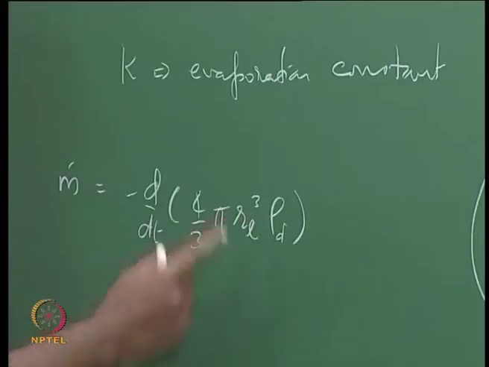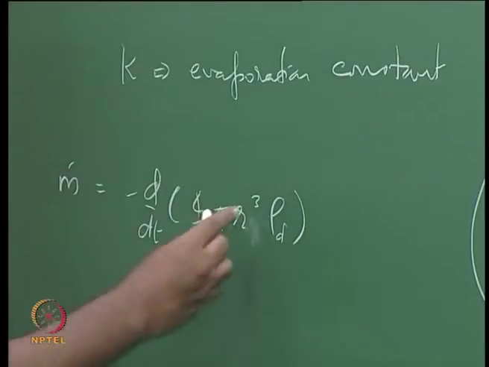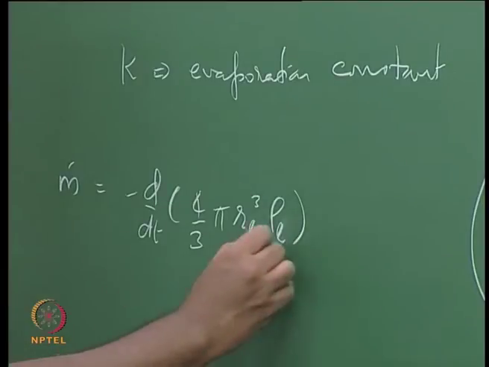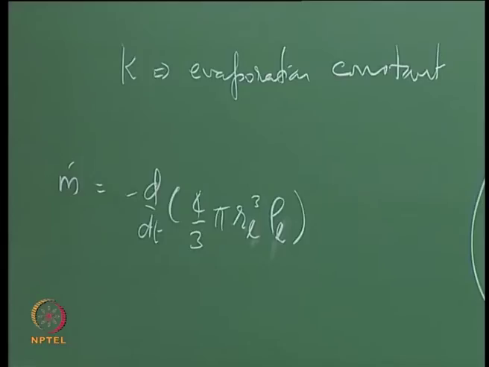I should probably use different subscripts here, but I think it's a mix-up of subscripts, so we'll just keep it as r_L. Okay, r_L cubed and rho_L, where r_L is the liquid radius and rho_L is the liquid density.